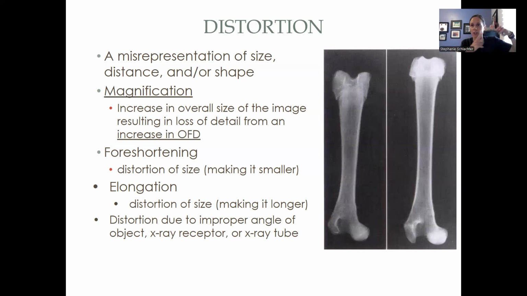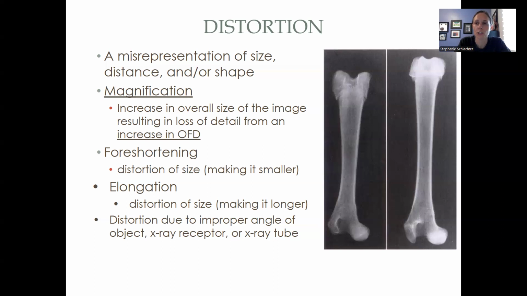So again, if you take your phone and turn on your flashlight and move your hand up and down, you can see that your shadow gets bigger and smaller based on how close your hand is to the table or the desk. So the closer it is, the more true to size it is, the higher up it is, the bigger it gets. Okay, so that's magnification.